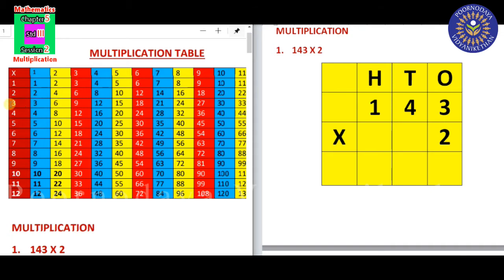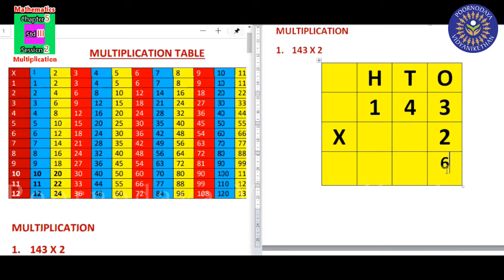That means 3 2s are 6. Did you understand? 3 2s are 6. So here you have to write 6, in the ones place.